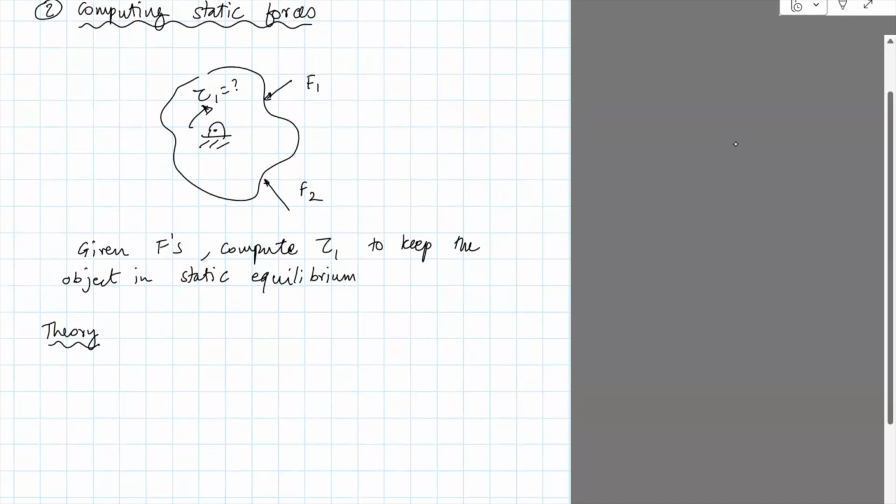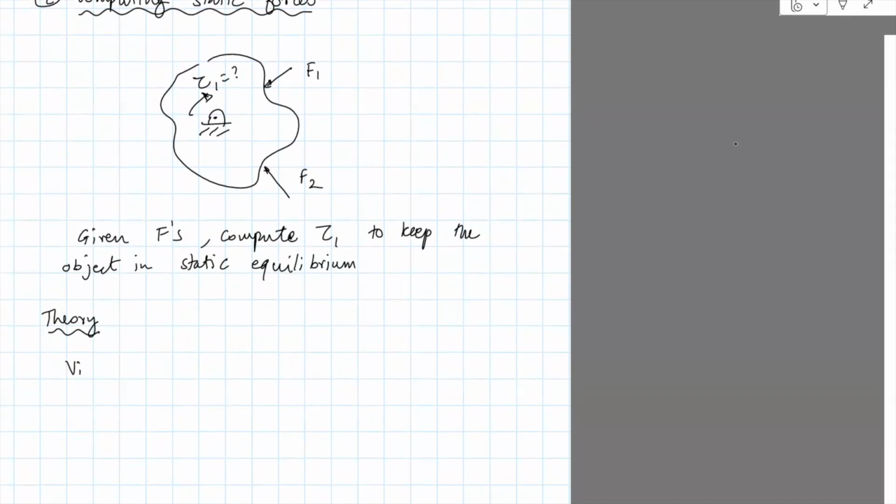Yeah, so what we do here is we use what is known as the principle of virtual work. You might have heard of this in the statics class, or maybe they don't get to this.